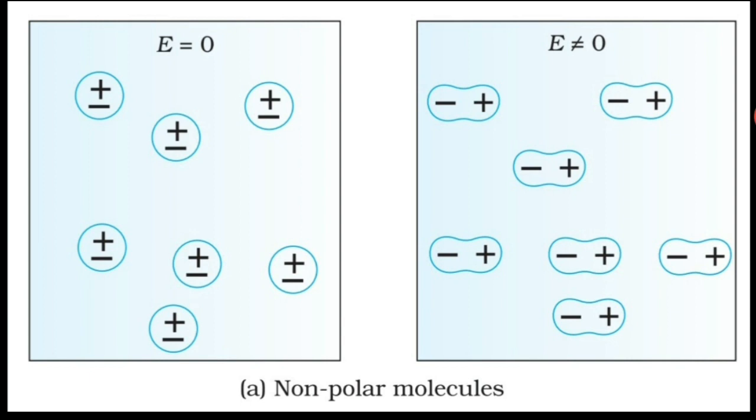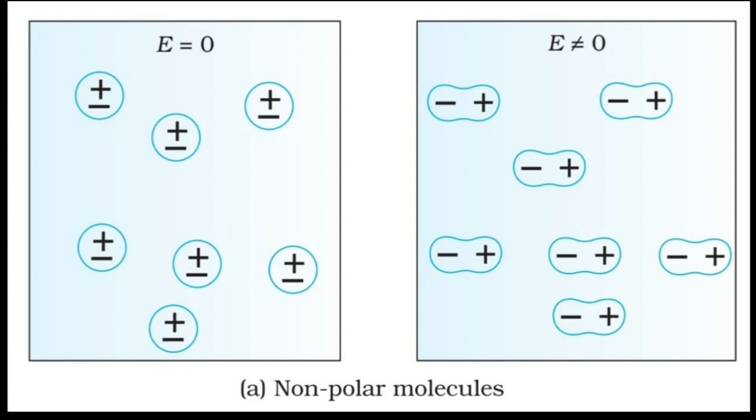So when a sample of non-polar molecules is kept in an external electric field, each molecule becomes an electric dipole. How? The positive and negative centers of charge in each molecule get displaced under the action of the electric field.